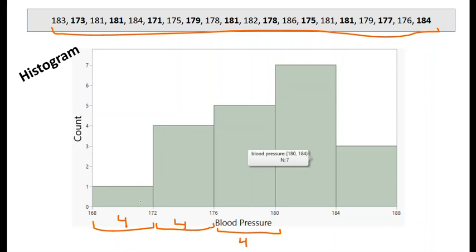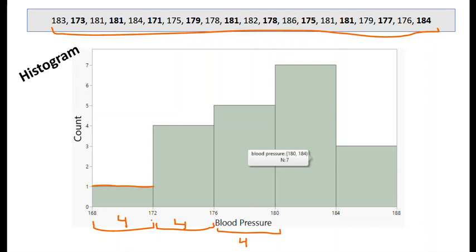After we create the bins, we start assigning the different points depending on their values to the different bins. All right. After that, we simply count the frequency or the number of observations belonging to each bin. So in this case, for the bin 168 to 172, we only have one observation. So the count or the frequency is 1.